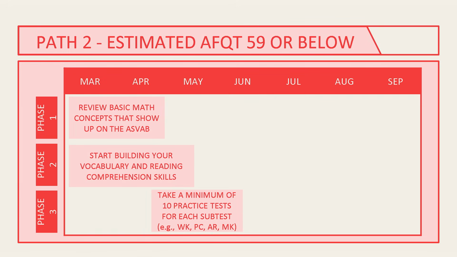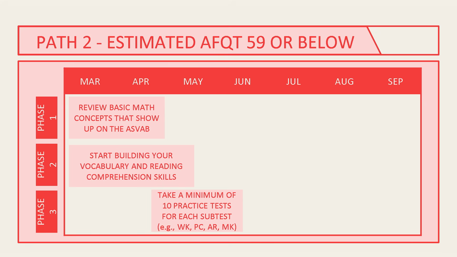All right, and here's path 2. Again, this is if your AFQT score was 59 or below. So you want to start by doing 2 things. You want to spend time reviewing the basic math concepts that show up on the ASVAB. And at roughly the same time, you want to start building your vocabulary and your reading comprehension skills.